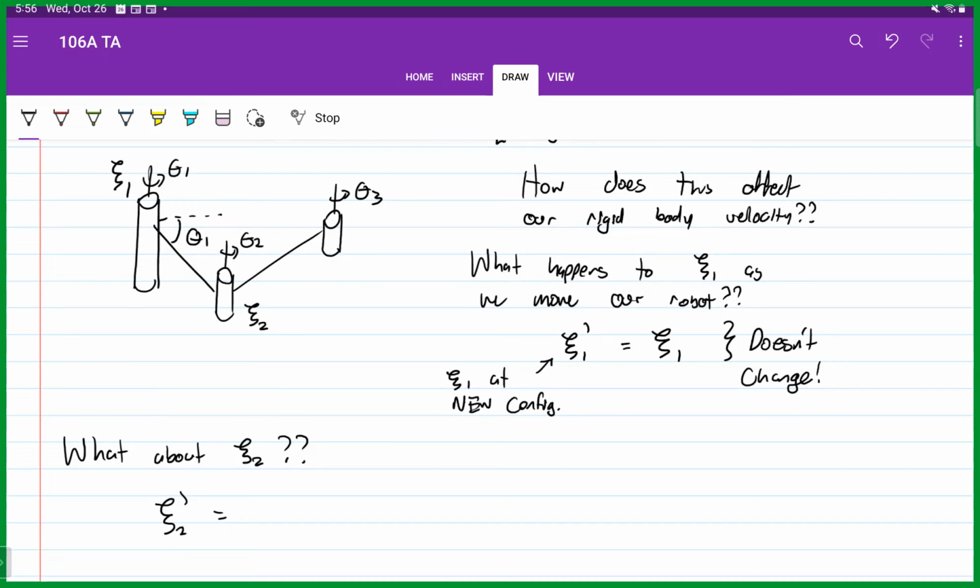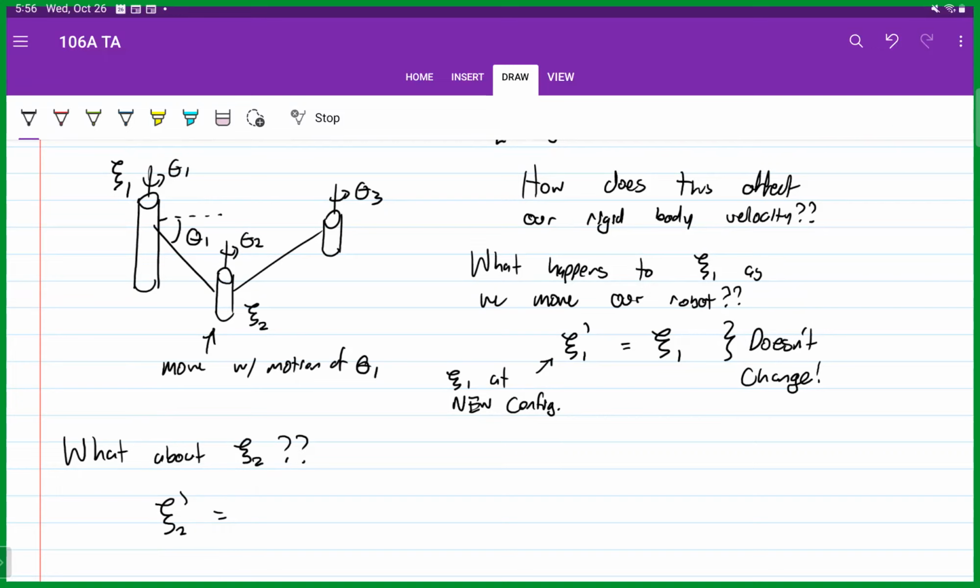Something that we know is that if we move along with our arm as it's going in space, so move with the motion of theta1, and we look at what's happening to our twist as we do that, xi2 is going to look the same. Because if I'm swinging this thing around and I'm moving with that point as I'm going, my twist will look exactly the same.